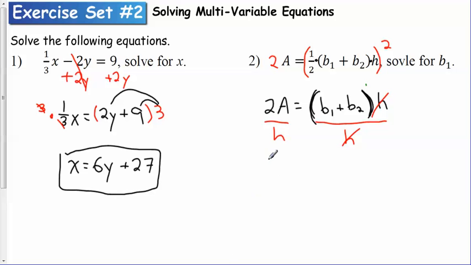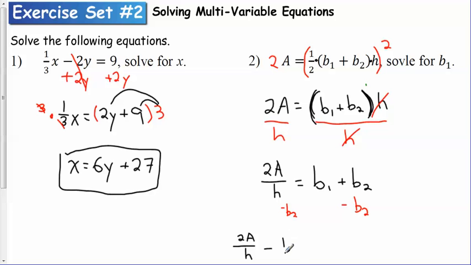And so I'm left with 2a over h equals b1 plus b2. And in this case, if I want to solve for b1, I'm just going to move the term b2 to the other side by subtracting. So I have, for my final answer, 2a over h minus b2 equals b1.